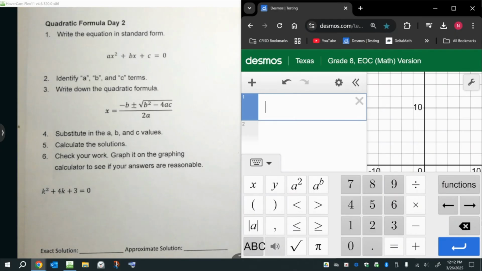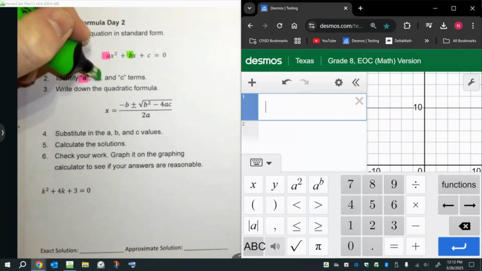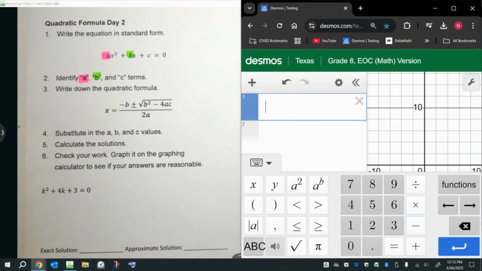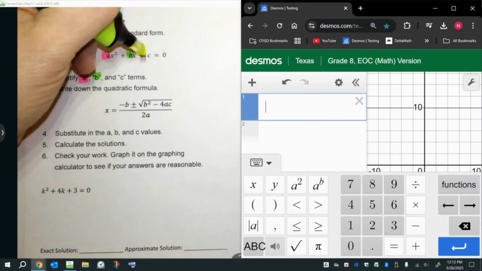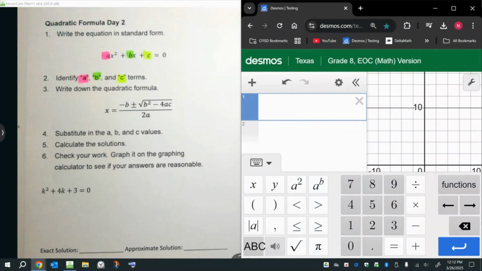So remember, we're going to identify A, B, and C. The equation has to be in standard form. B has to be on one side of the equal sign with A, and that weirdo, C, also needs to be over there, so that we can plug them into the formula.